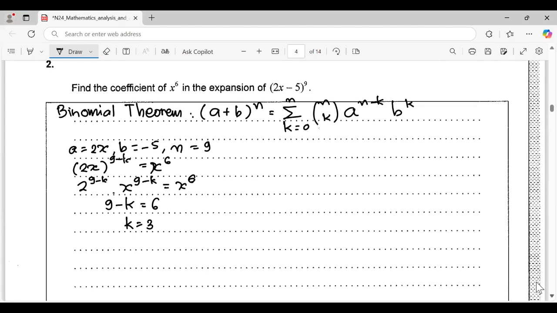And then substitute k equals 3 into the binomial coefficient.